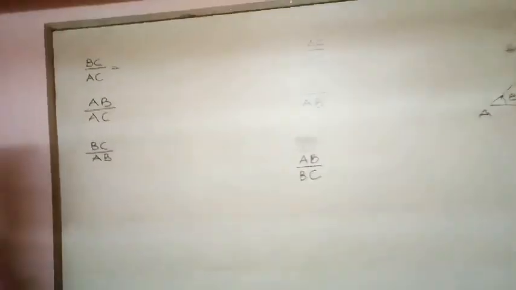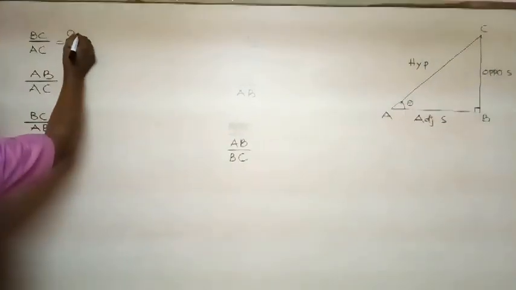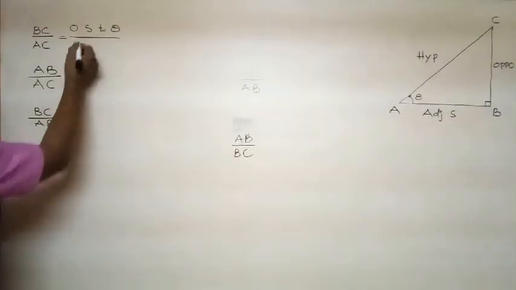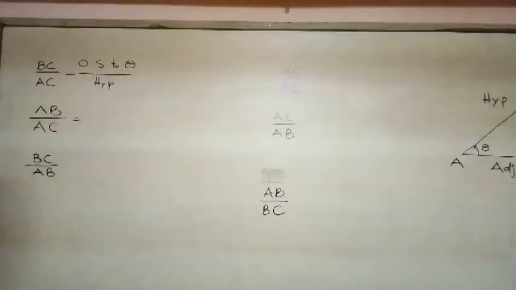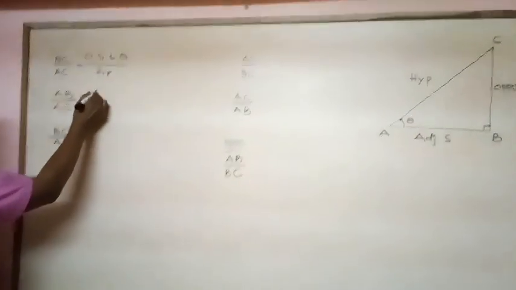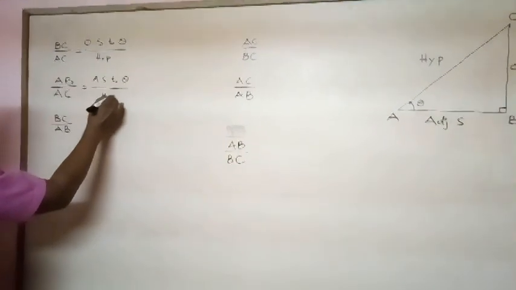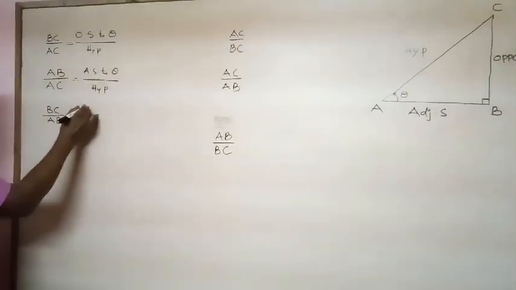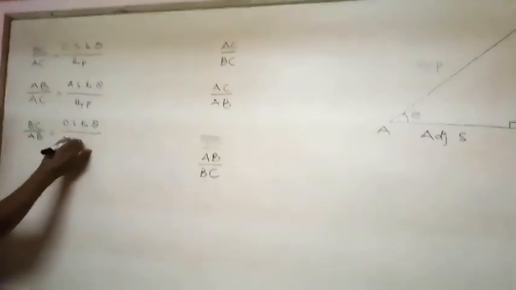Here BC is the opposite side to theta. AC is the hypotenuse. Similarly, AB is the adjacent side to theta, by hypotenuse. Similarly, BC is the opposite side to theta, by the adjacent side to theta.